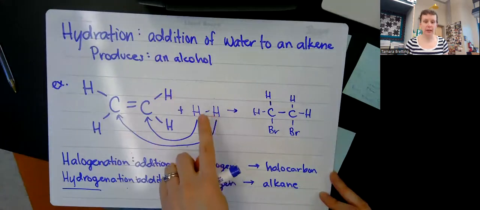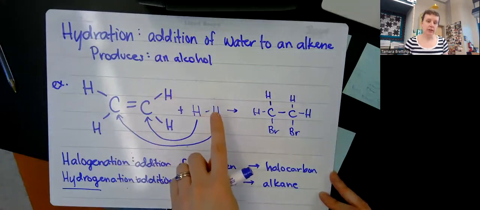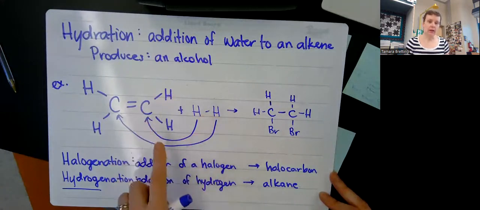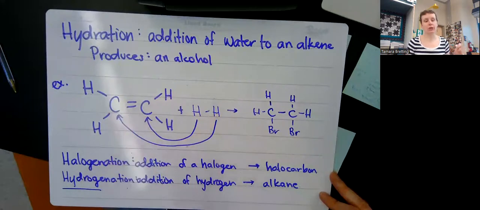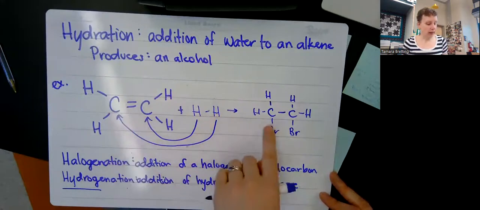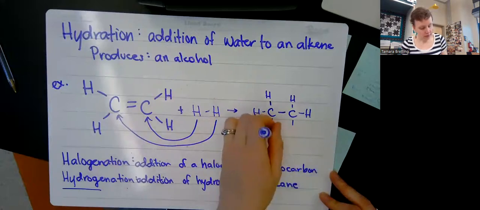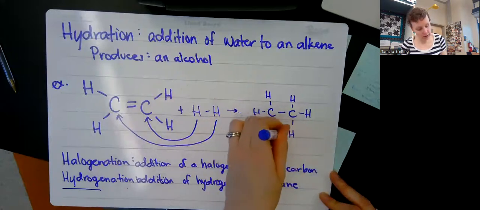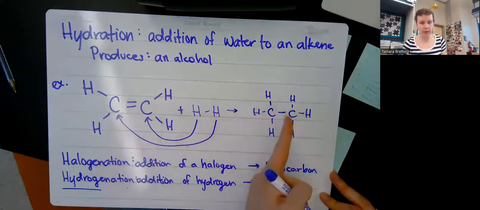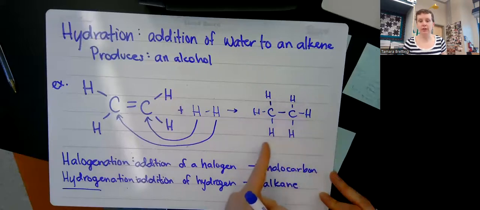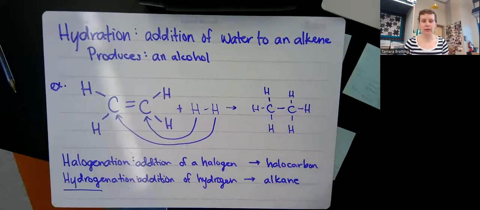But I wrote it out as H bond H, okay? Those again are going to split and attach onto those 2 carbons, and we're going to end up with an alkane because we just changed our double bond to a single bond, and now we have all hydrogens and carbons, so that is an alkane. Alkane is a hydrocarbon with all single bonds.